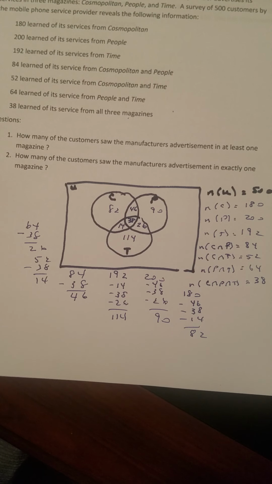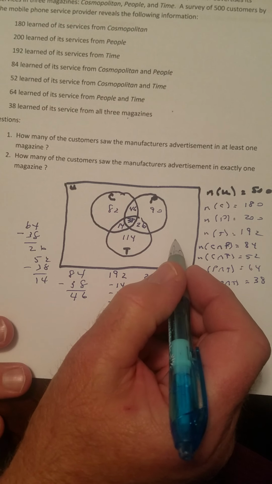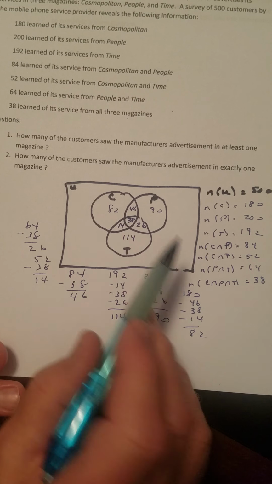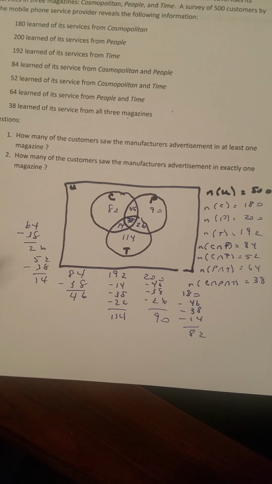Okay, now there's one more number. And that would be out in here. That represents the people that didn't get it in any of them. So what I'm going to do, I'm going to add all of these numbers up together. 82, I usually go across, 46, 90, 14, 38, 26, and 114.